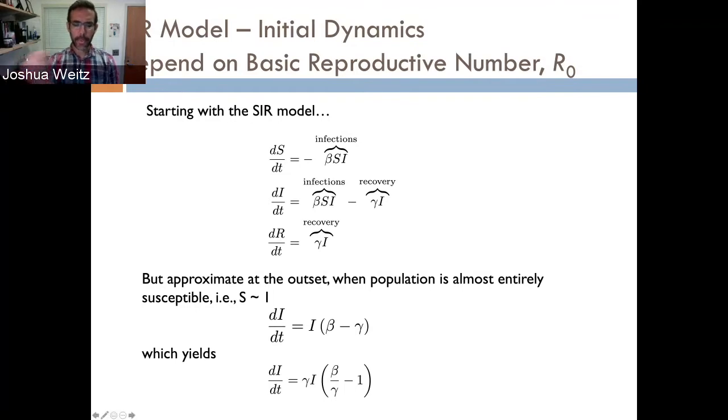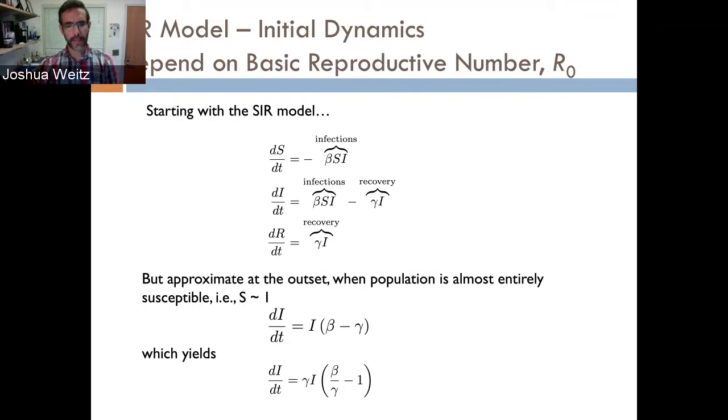You can then pull out the recovery rate, and you end up seeing that the sign of this exponential rate value is going to correspond to the difference between a ratio, beta over gamma, which is a dimensionless number, the ratio of these two rates, relative to 1. And this ratio is, in fact, R0.